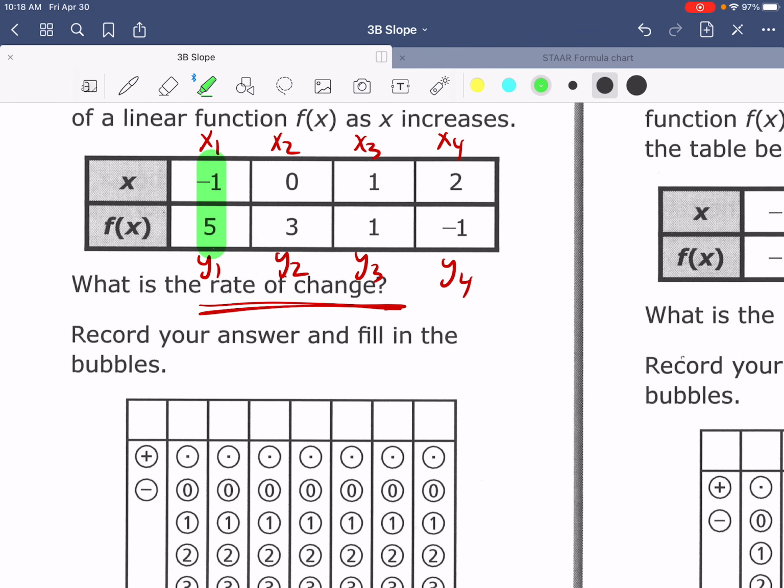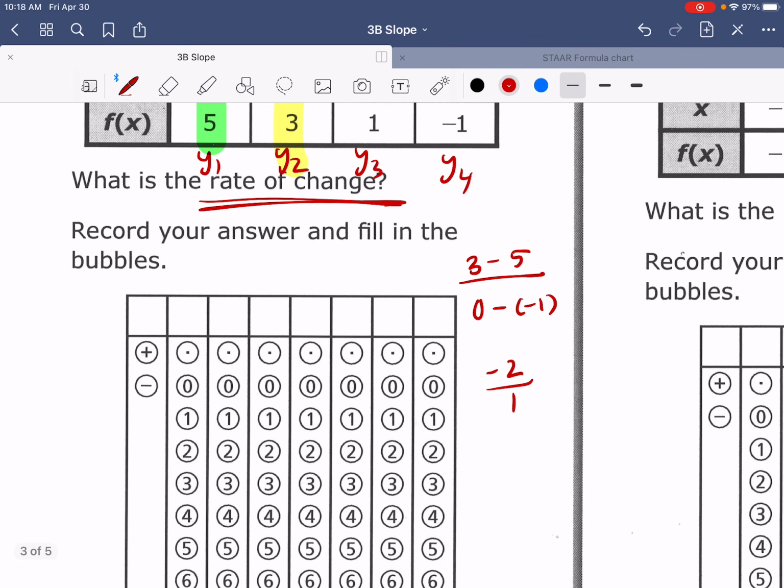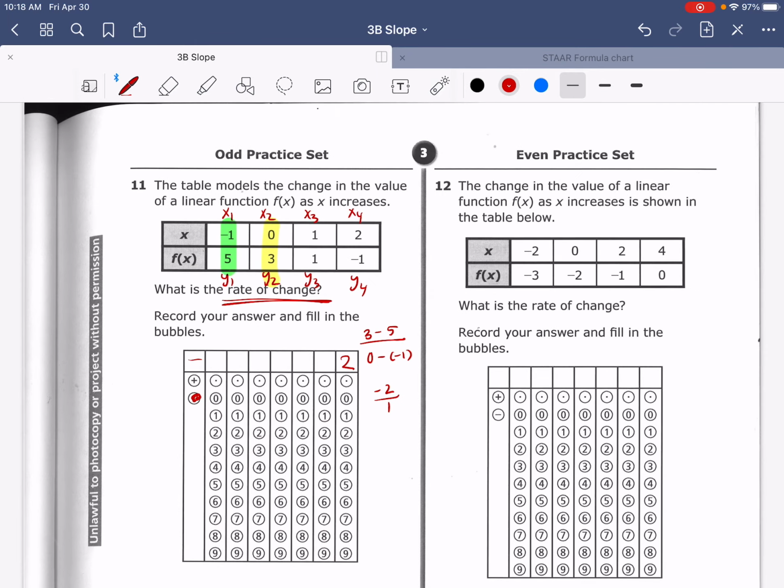So these two are gonna be x1, y1, and these two are gonna be x2, y2. So keep that in mind. So it should be 3 minus 5 over 0 minus negative 1, which you will get negative 2 over 1. So it's negative 2, right? That's how you do it.